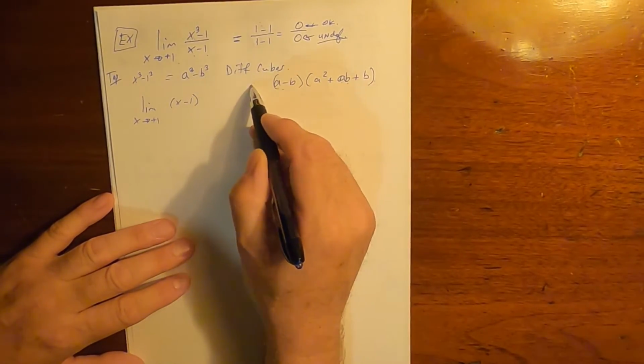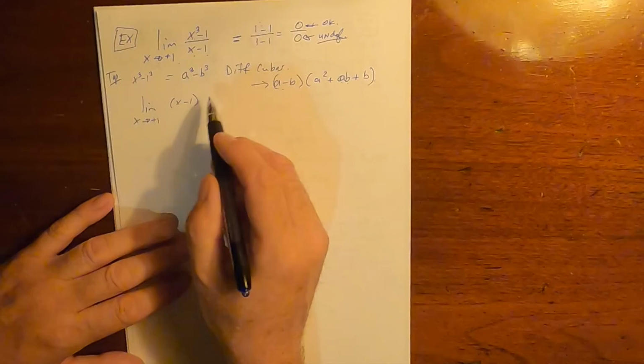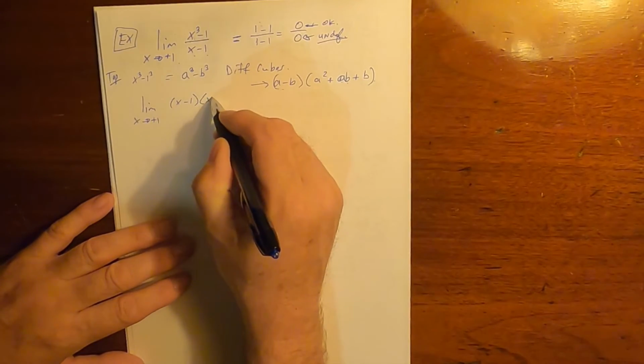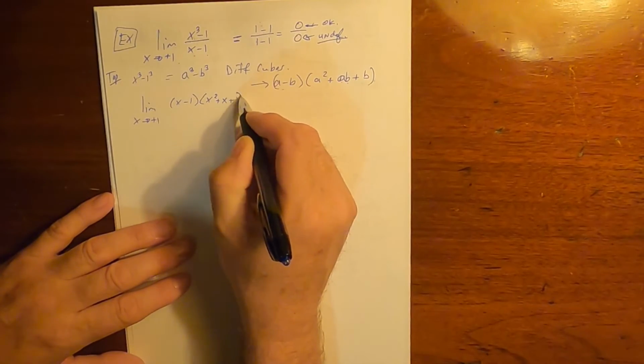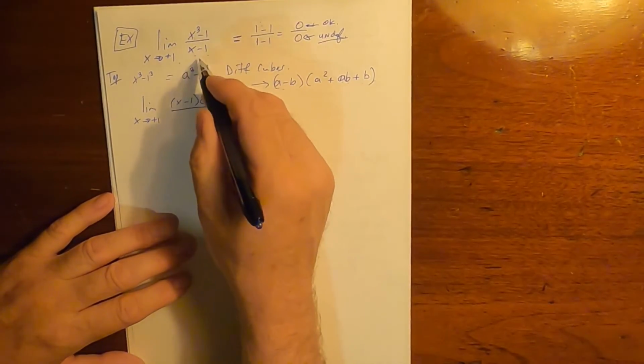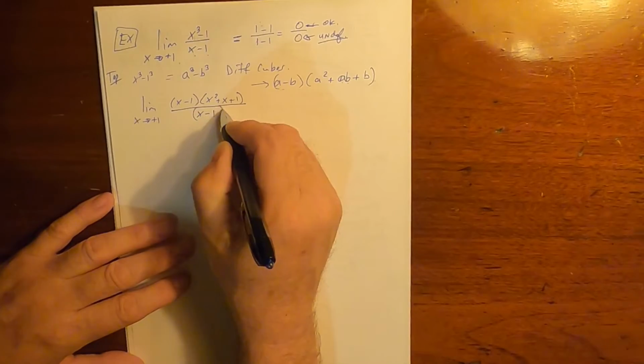When I use this formula, I resolve the top, and it becomes x squared plus x plus 1. And the basement didn't change, x minus 1.